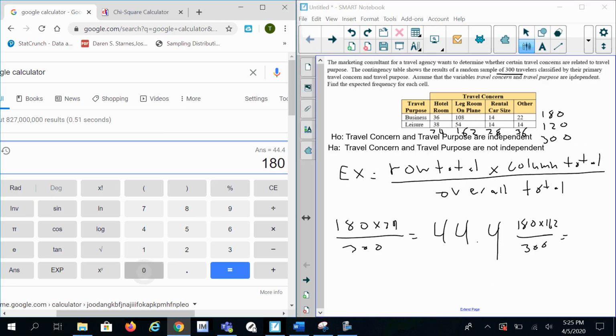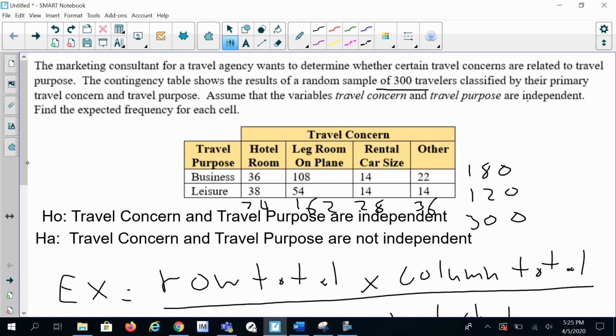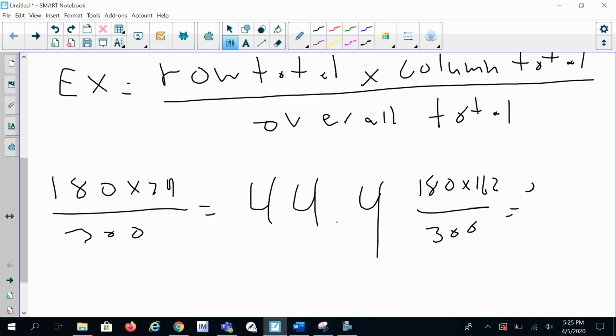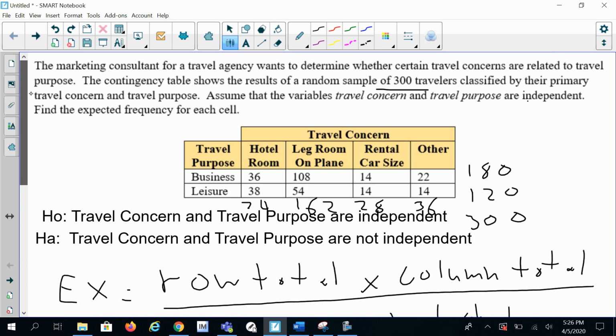So 180 times 162 divided by 300 is 97.2. So that is the expected value for the legroom business. I'm going to do the whole business row, but after that, I already have these calculated, so I'm not going to do all the math for the other ones. Hopefully you're seeing the pattern here.